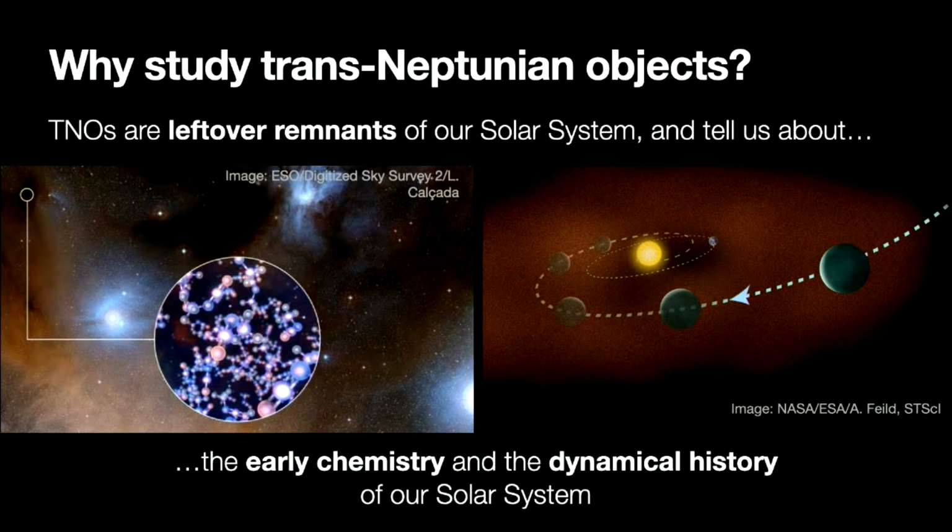All this dust and these planetesimals were scattered chaotically. What's left over is clues to what our early solar system would have been like. If we study these objects, we can figure out the early chemistry and how exactly this dynamical history came about. Studying these objects is sort of clues to our past.